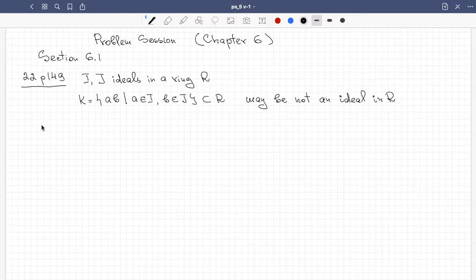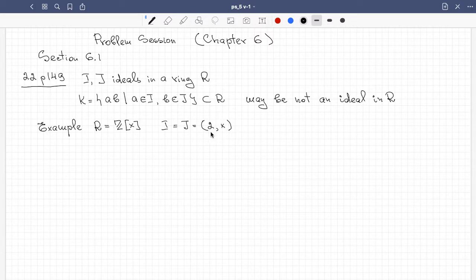So, an example when K is not an ideal will be the following. For the ring R, we will take the ring of polynomials with integral coefficients. We will take I and J to be the same, namely the ideal generated by two elements of the ring R, 2 and x.